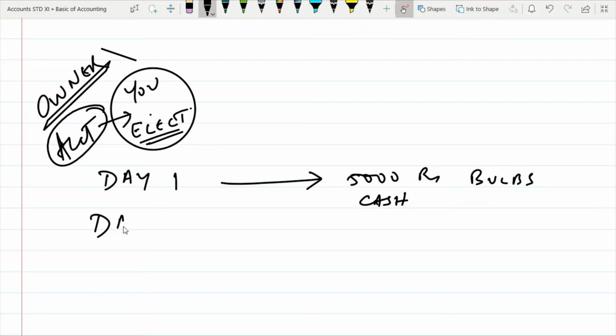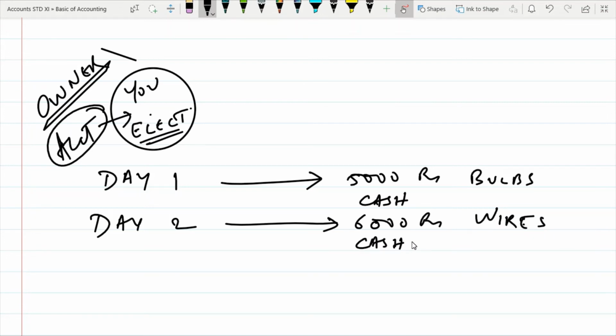On day two, you have done the same thing. You have sold, say, some wires, and you have received 6,000 rupees cash. And on day three, what happens here is a person comes there and says, I don't have cash.